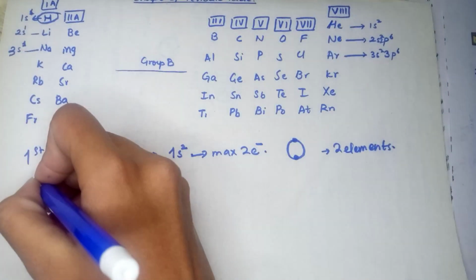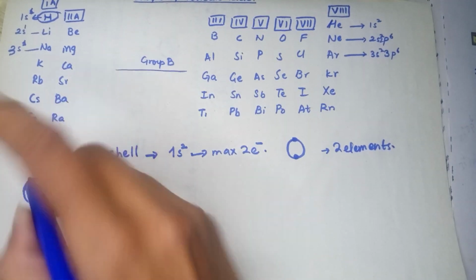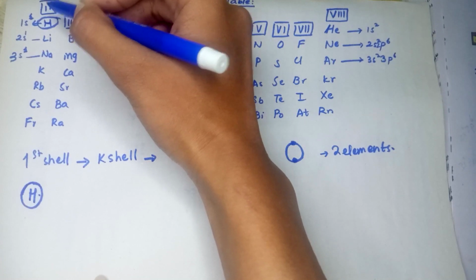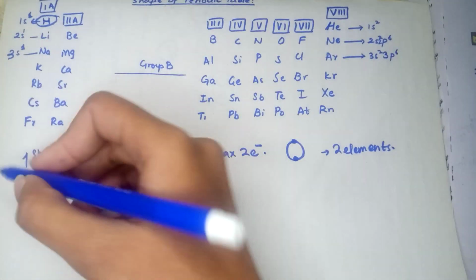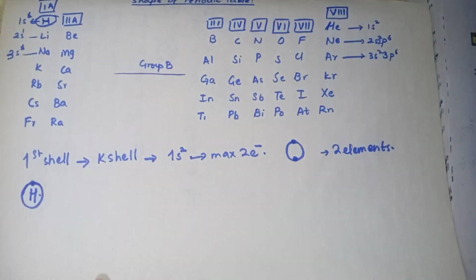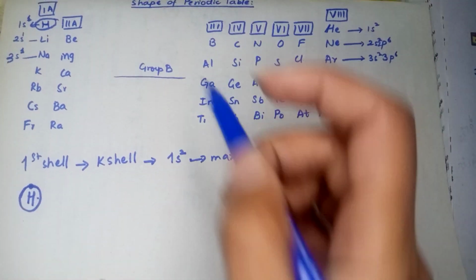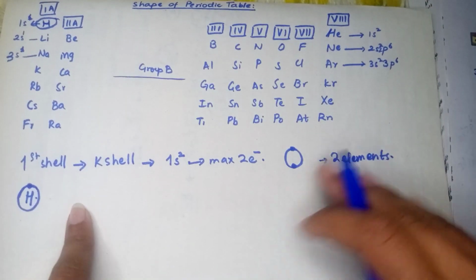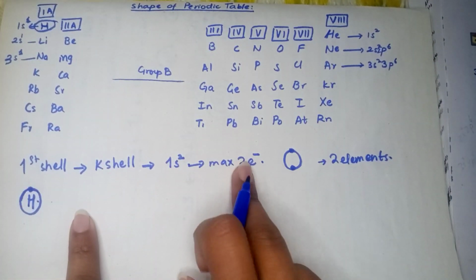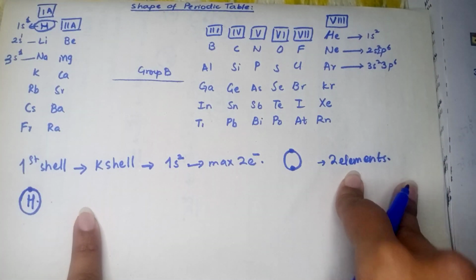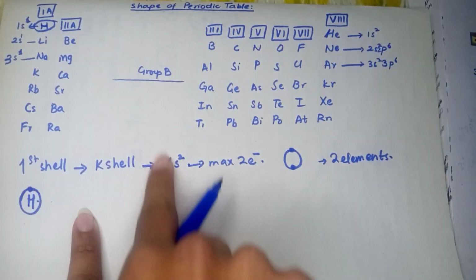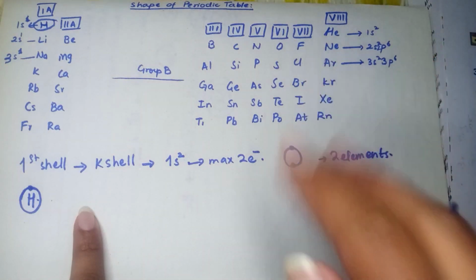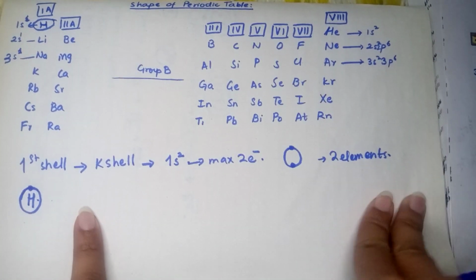From the period number we have drawn one shell, and as it is in the first group, it would have only one electron in the outermost shell. So the concept given here is that in the first shell we have only two elements. Why? Because the first shell has the configuration 1s2, which means it can accommodate up to a maximum of 2 electrons, so it would have two elements.